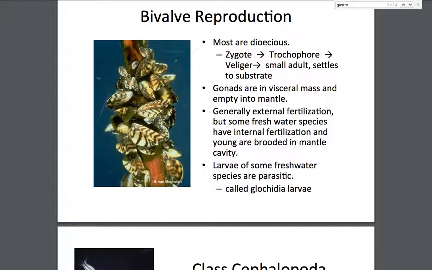What's really cool about our local freshwater clams is that they have a parasitic larval stage that uses a host fish. So the way that they work is they've got these little baby clams that have little baby clam shells, but these hooks and spikes on the end that clamp onto the gills of a fish and suck the blood of the fish. So little parasitic larval stages.